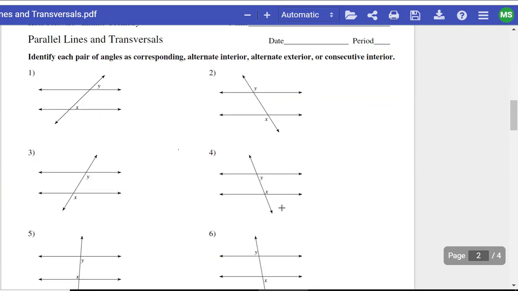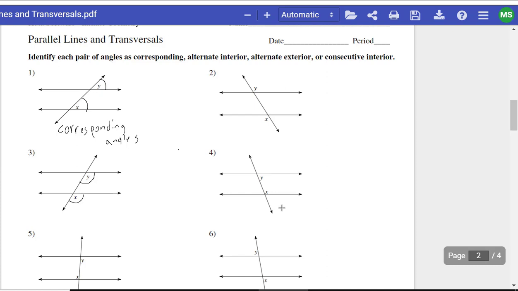So now we get to the work of it. What you're going to do the first couple is you're going to have to figure out what it is. So for example, number 1, these are going to be corresponding. Like if we look at number 2 or number 3, it looks like it's corresponding again. What's kind of helpful is if you draw in the circle.